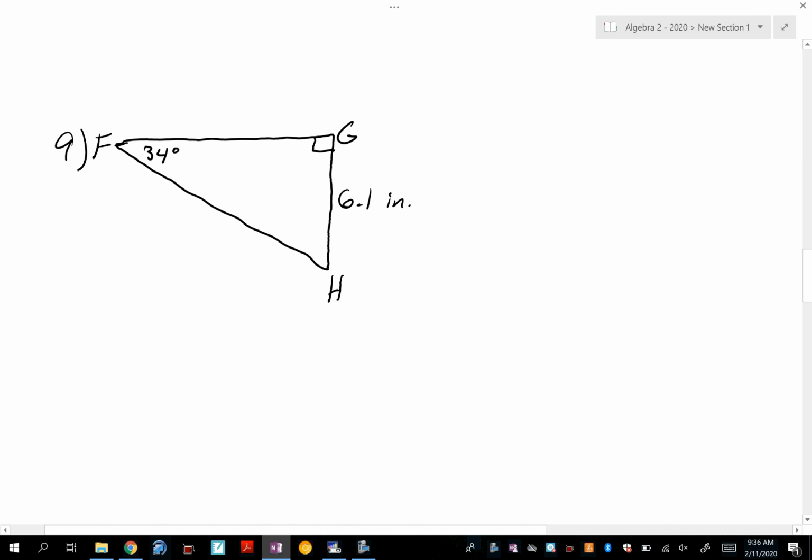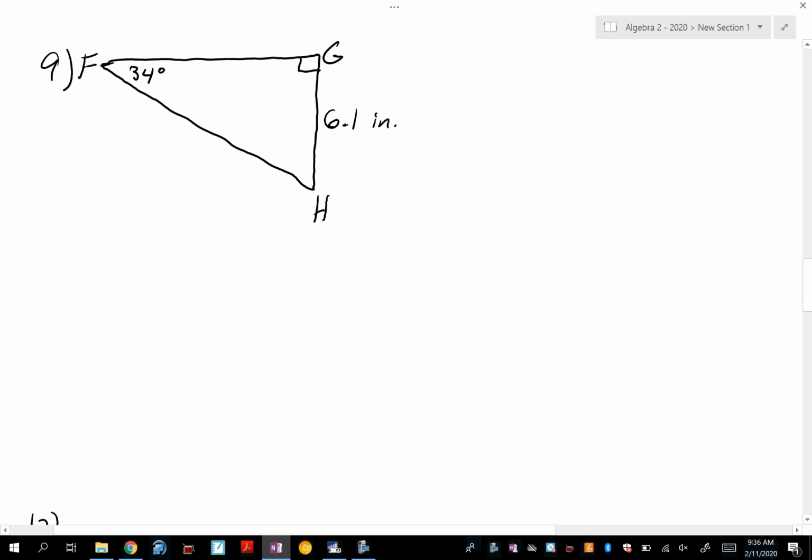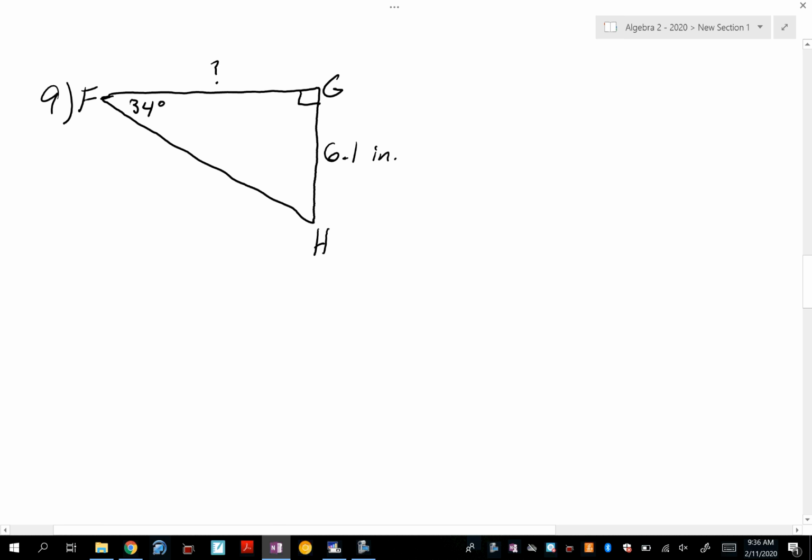Let's do number 9. Now, number 9 says to solve for FG. All right, so for FG right there. Now, when I look at my angle that they give me, angle F, 34 degrees, that's the adjacent side, ADJ. And then the side length GH is the opposite side length from angle F. So that tells me I'm going to be using tangent, because tangent of any angle is the opposite over the adjacent side.